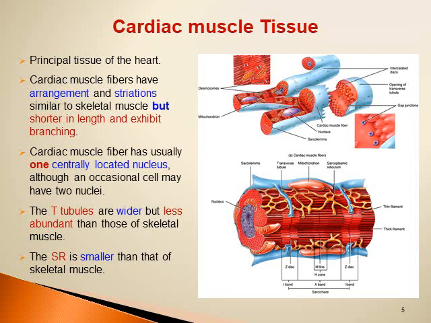And also you can see the striations here and here due to the special arrangement of the contractile proteins, the thin and thick filaments in the sarcomere of the muscle, and you will study these striations and the sarcomere of the muscle and its arrangements in the skeletal muscle lecture.